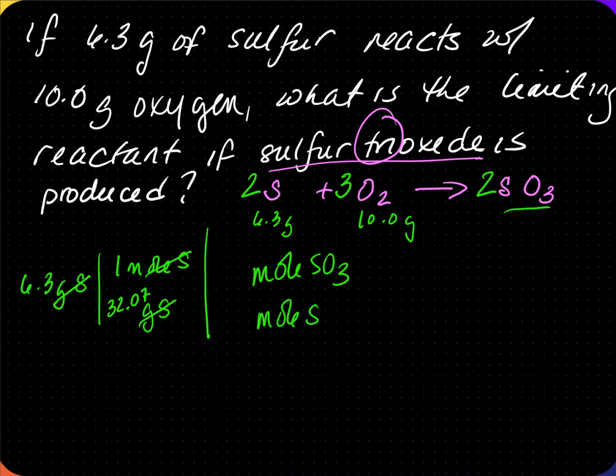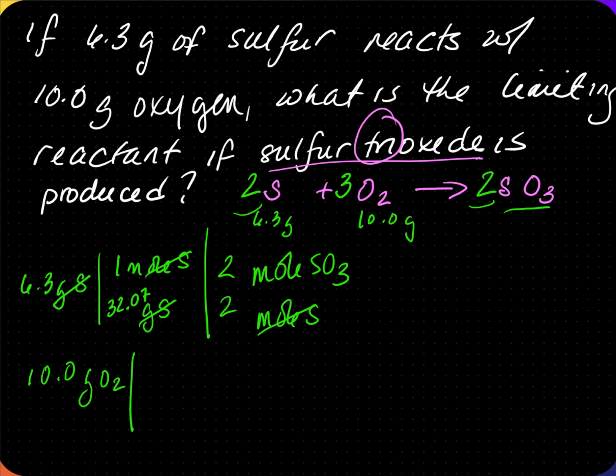So moles of SO3, there's 2. The moles of S, there's 2. I could stop here, or I could go to molar mass, or volume, or Avogadro's. But if I know the number of moles of SO3 produced, I could still determine what the limit is. So I'm going to repeat the procedure with oxygen because 2 reactants are provided.